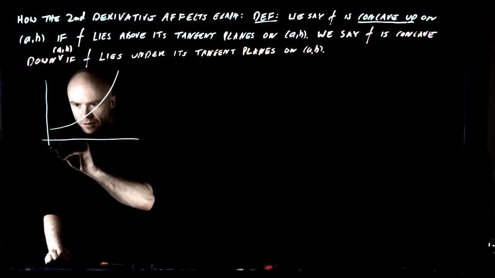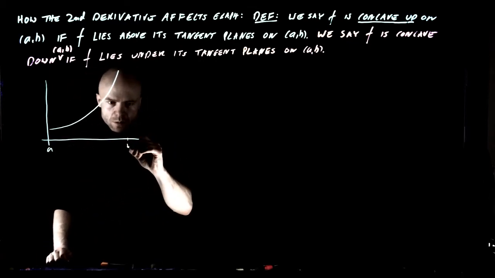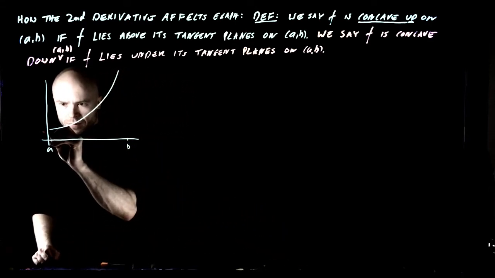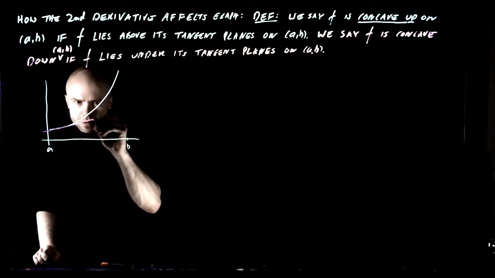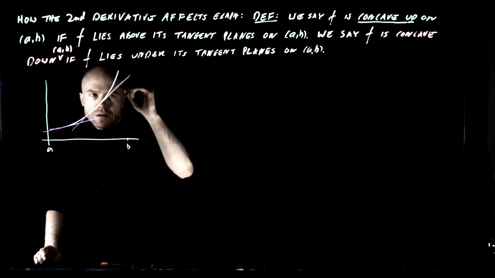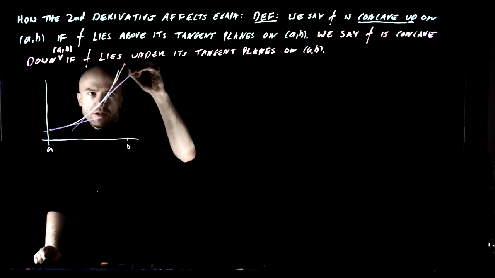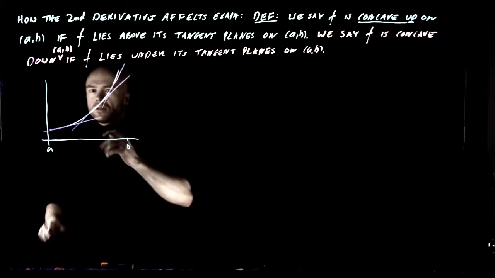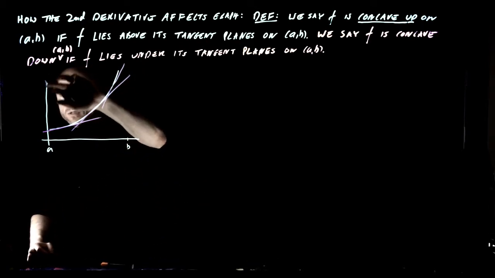So we can let this be A and this be B, because if we draw the tangent lines, let's see what happens. Tangent lines are always underneath the graph of the function. The graph is curling upwards away from its tangent lines. Okay? So from now on, we're abbreviating concave up to just C up.